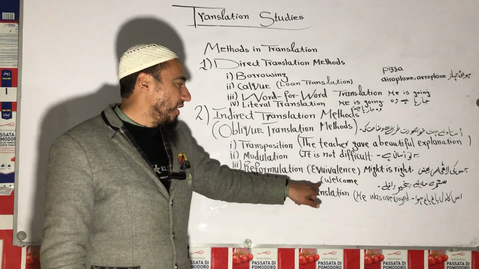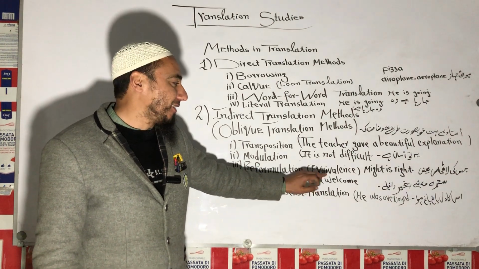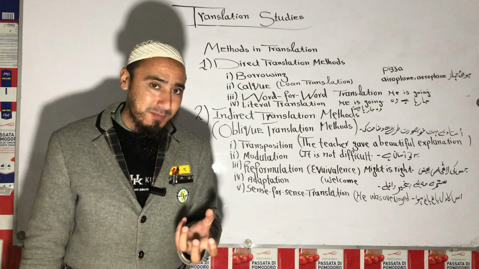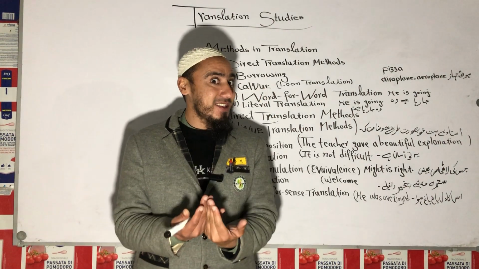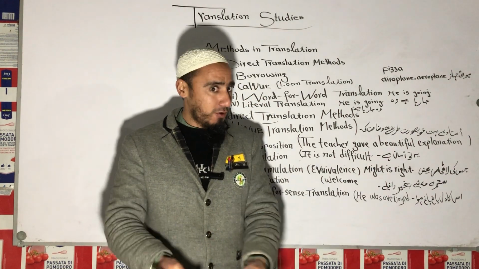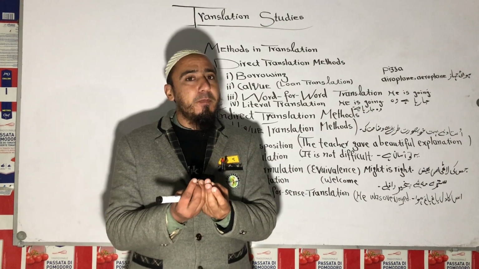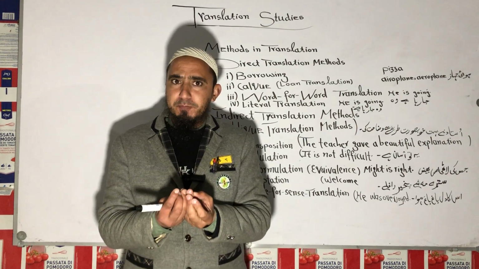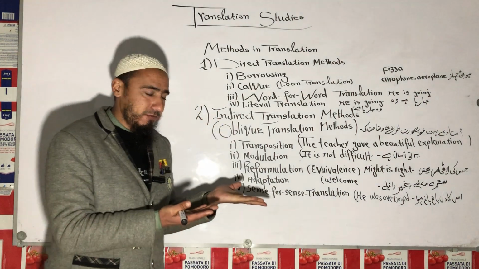For example, if someone in America tells us, you are welcome, in Pashto we will take the meaning as Stadaimashe or Pakhair Rale, or in Urdu we will say he means welcome, or in Arabic, for example, Marhaba, Ahlan wa Sahlan. So this is adaptation.